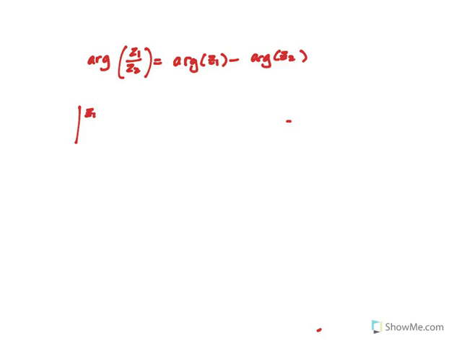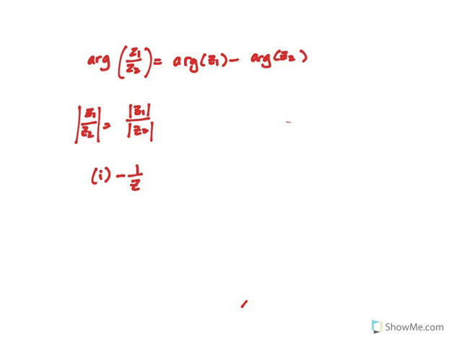We talked about this in the BMQ, that the argument of z1 over z2 is the argument of z1 minus the argument of z2, and the modulus of z1 over z2 is the mod of z1 over the mod of z2.